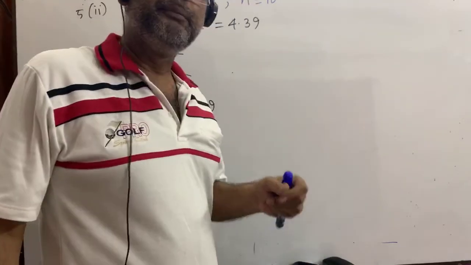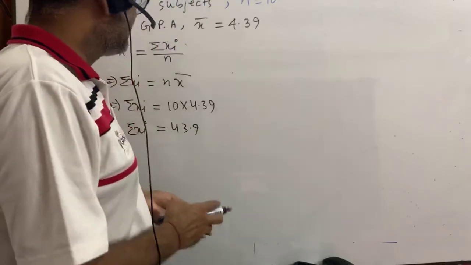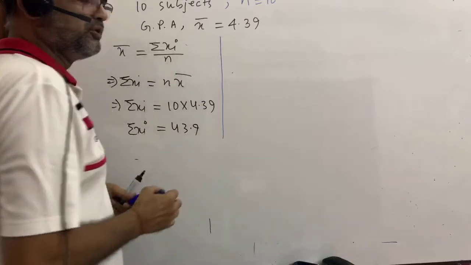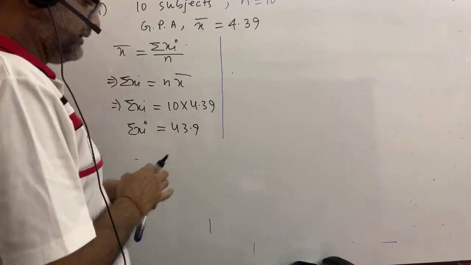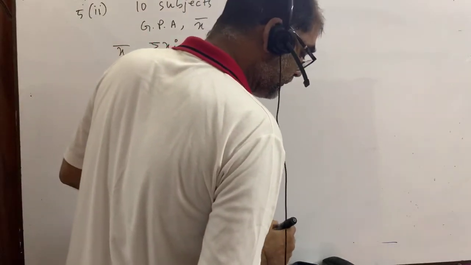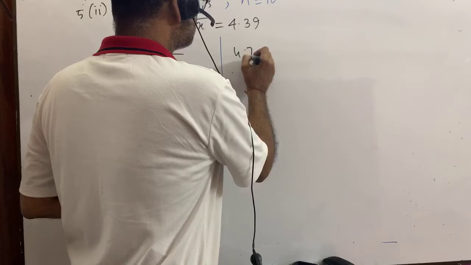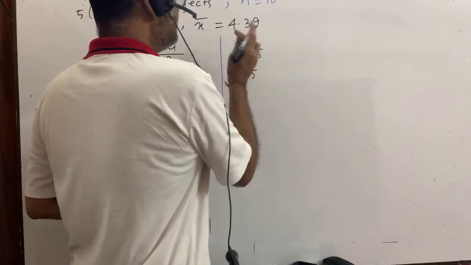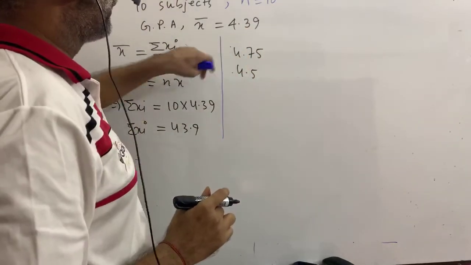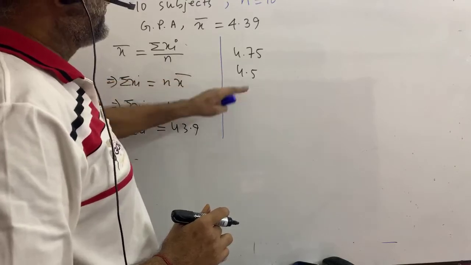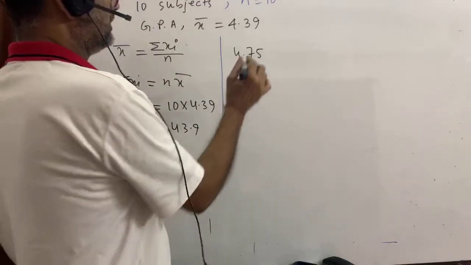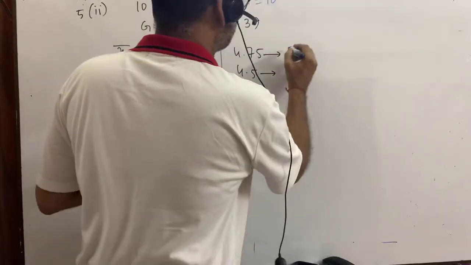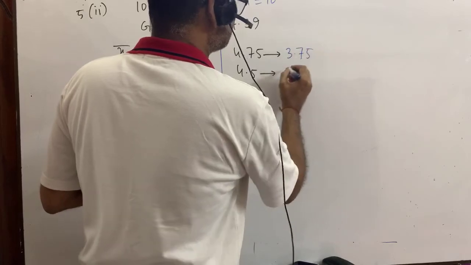The actual data would be 4.75 and 4.5 in two subjects. In two subjects, his points were 4.75 and 4.5. But he wrote 3.75 and 3.5.